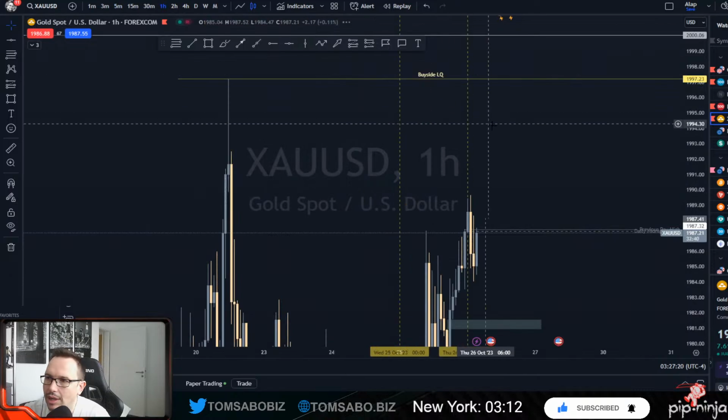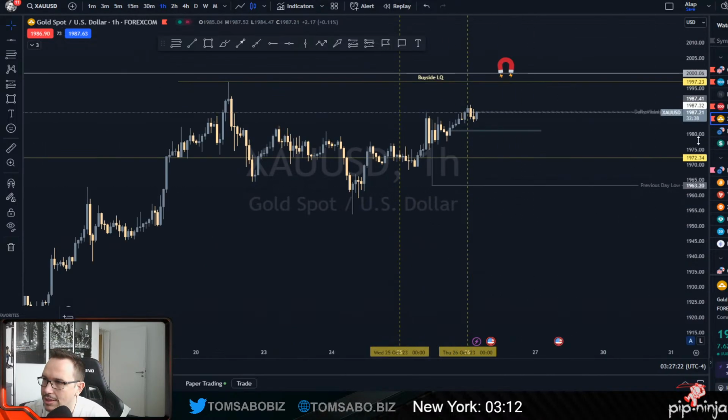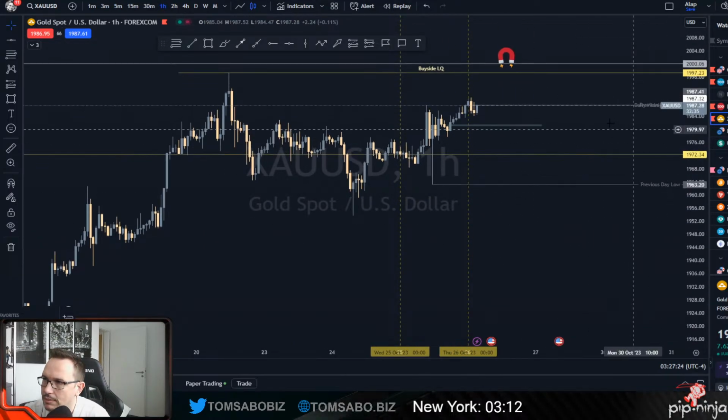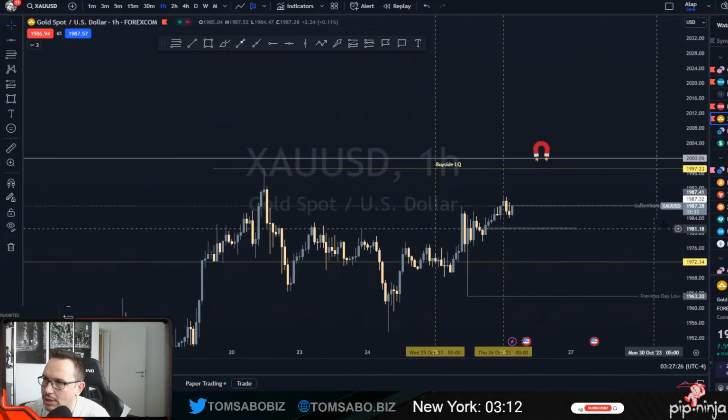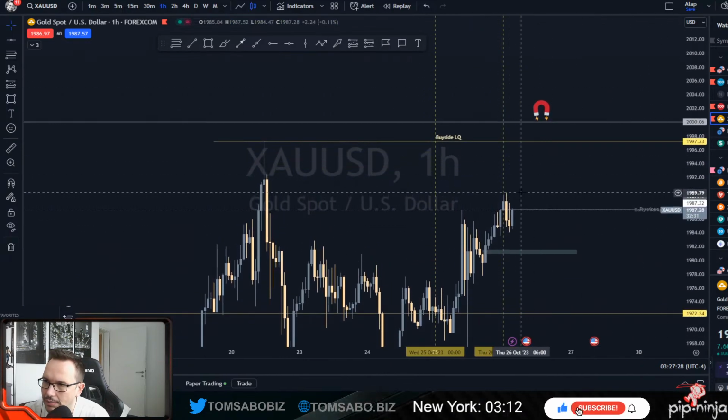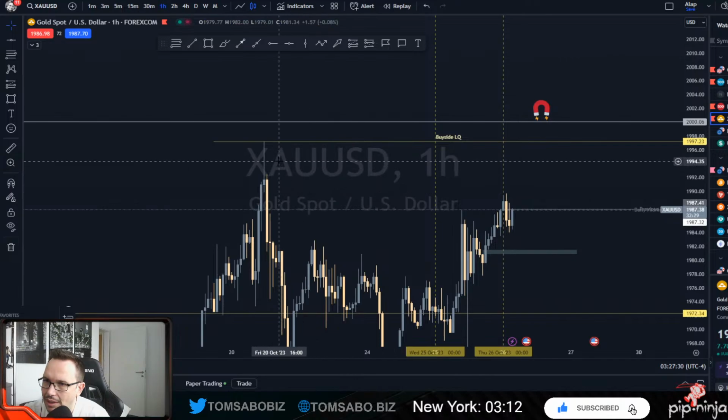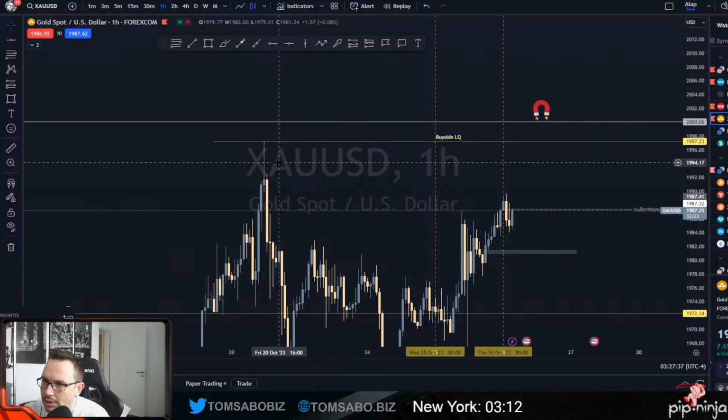And if we go to the hourly chart, you can still see the consequent encroachment. I'm just eyeballing it. It is around 94.